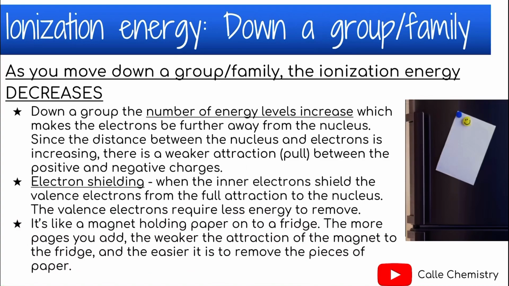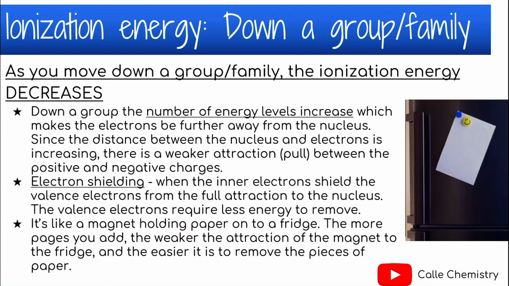And since the distance between the nucleus and the electrons is increasing, there is a weaker attraction or pull between the positive and negative charges. We can refer to this as electron shielding, when the inner electrons shield the valence electrons from the full attraction to the nucleus. Now, if this is happening, the valence electrons require less energy to remove.